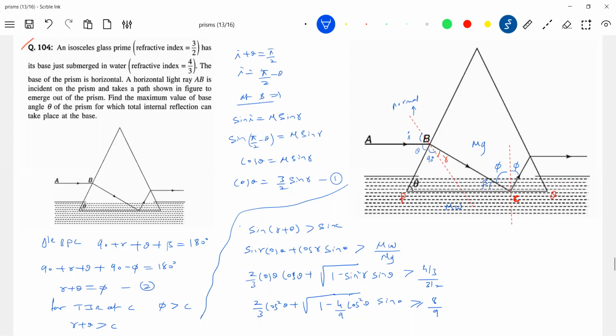Cos square theta is there, so sine theta we can again write as 1 minus... Can anybody simplify this? Okay, I'll try it.